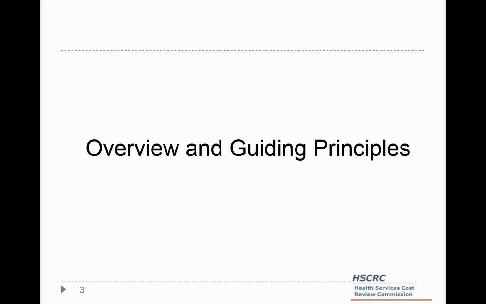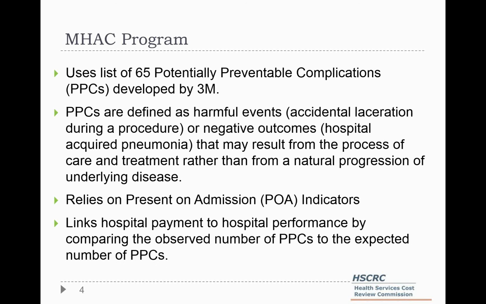Okay, so first we're going to go over the MHAC program and its guiding principles. As you know, the MHAC program uses a list of 65 potentially preventable complications. These PPCs, as we call them, are defined as harmful events such as accidental laceration during a procedure or negative outcomes such as hospital-acquired pneumonia that may result from the process of care and treatment rather than from the natural progression of disease.